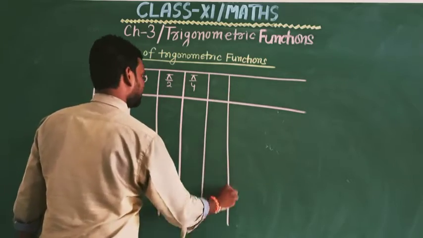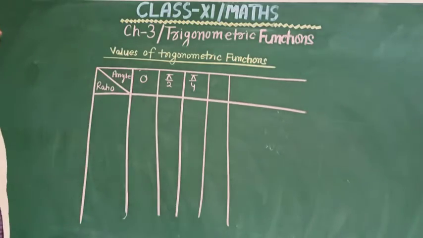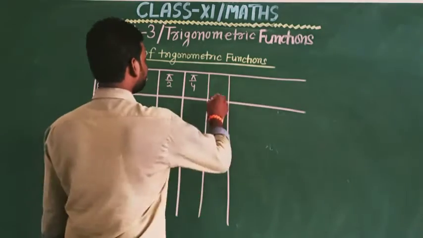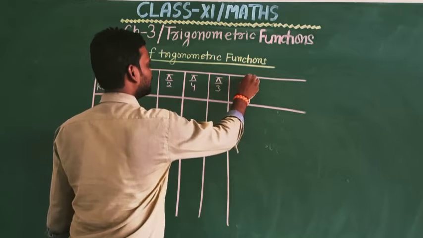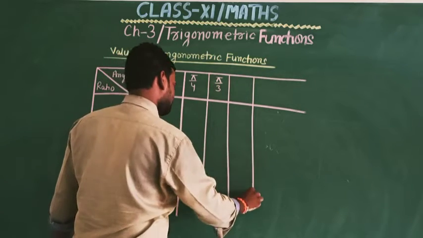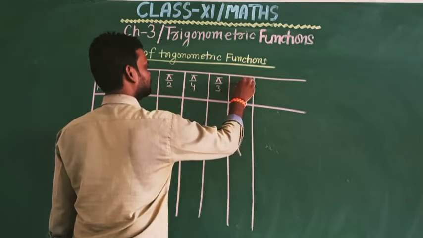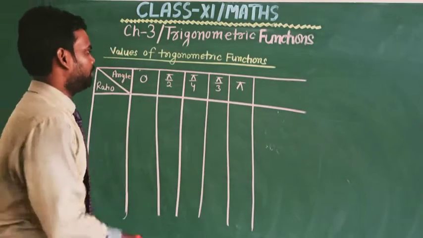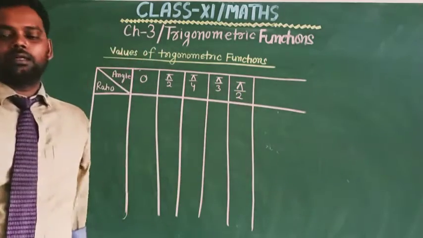Next, 60 degree means pi by 3. 90 degree means pi by 2.